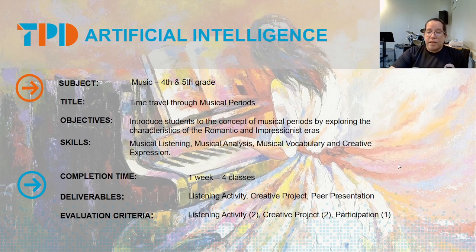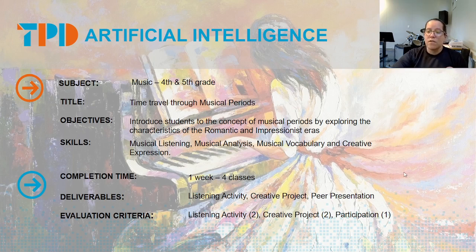The students will participate in a guided listening activity comparing pieces from the Romantic and Impressionist eras. Also, they can choose one period, Romantic or Impressionist, and create a project that reflects the mood and style of that era. Remember, it can be showing some drawings or a short dance improvisation, whatever they want.